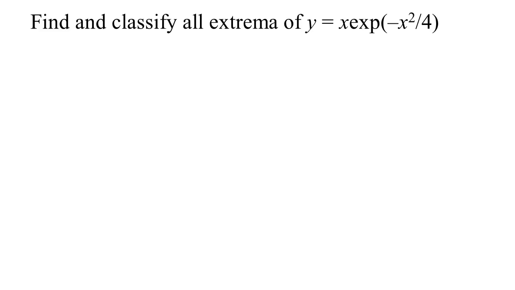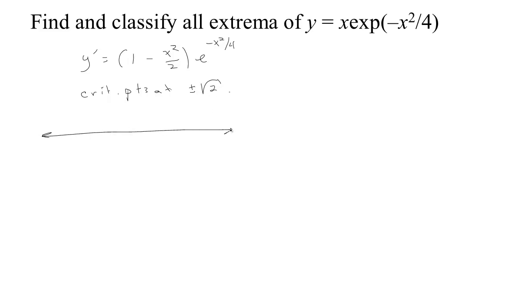In this case, we could look at the critical points again. Remember, when we found the derivative was 1 minus x squared over 2 times e to the minus x squared over 4. So there were critical points, places where the derivative was 0, in particular critical points at plus or minus the square root of 2. So if we look at those critical points, think about what happens.